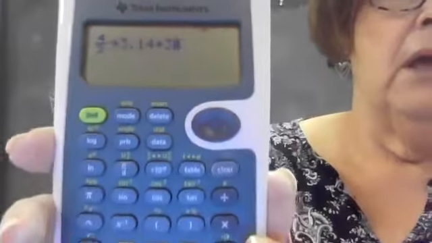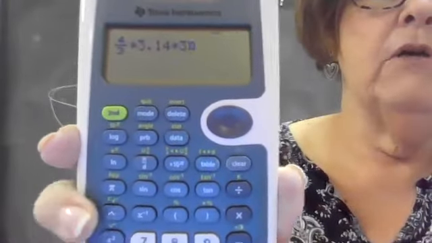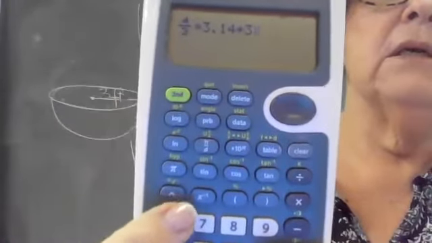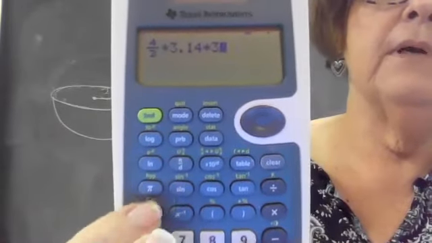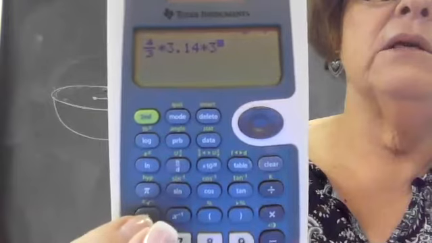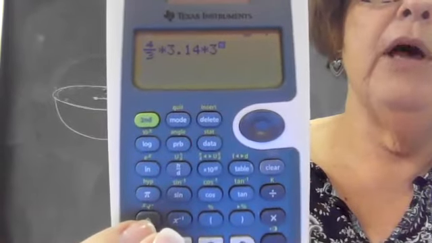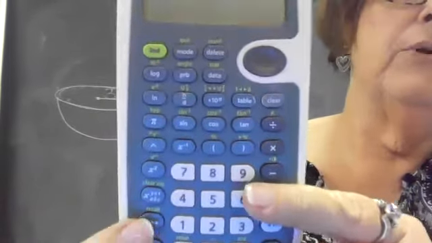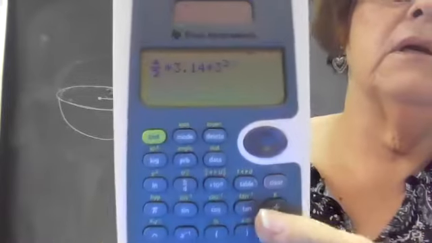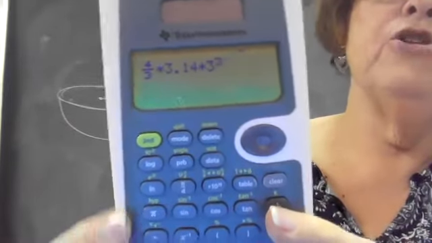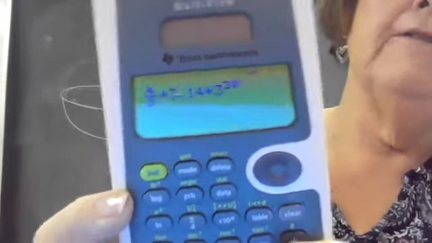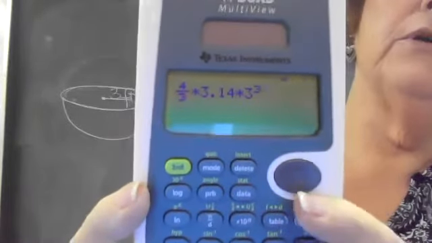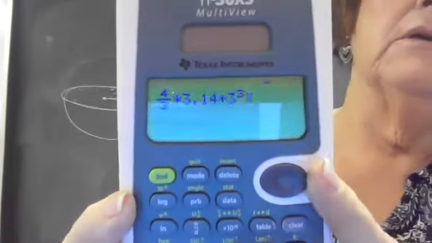And then to the power of is right here under the pi. Do you see the carrot top? Push that, and it gives me a little spot up there that I can put the 3 in. Got it. Now you still have to scoot over because if you type anything else, then it's going to put it in that exponent. And it's divided by 2?